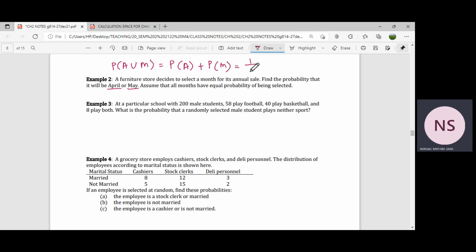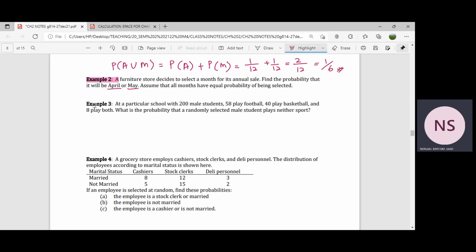So we have 1 over 12 plus 1 over 12 equals 2 over 12, which is 1 over 6. This is the probability of getting April or May, because we assume that all months have equal probability of being selected. In a year, we have 12 months, so getting April is 1 over 12, and getting May is 1 over 12.